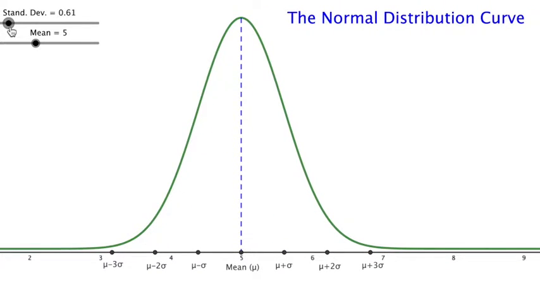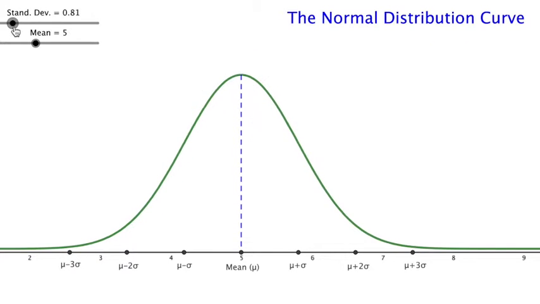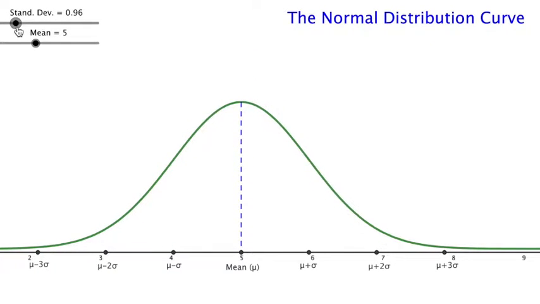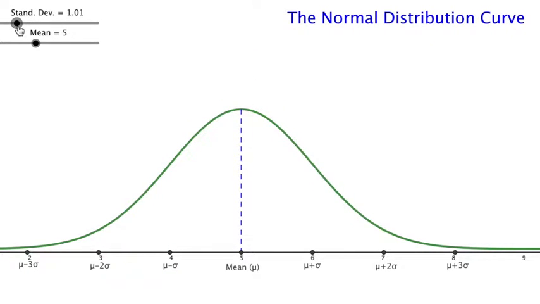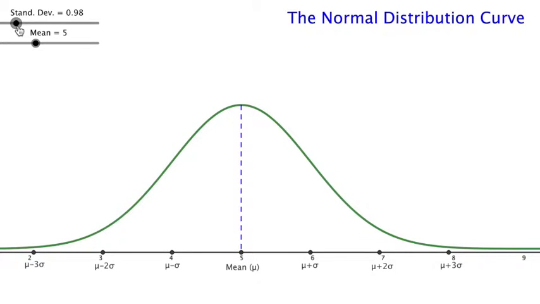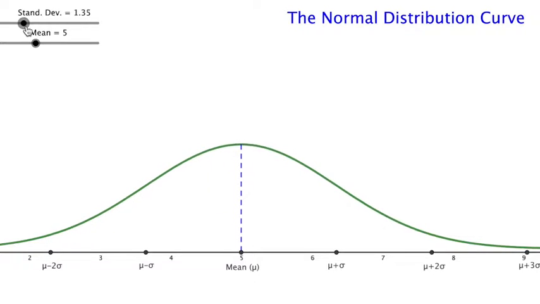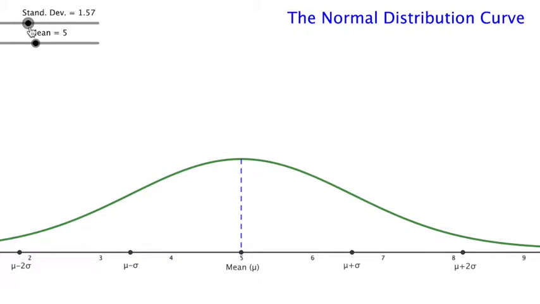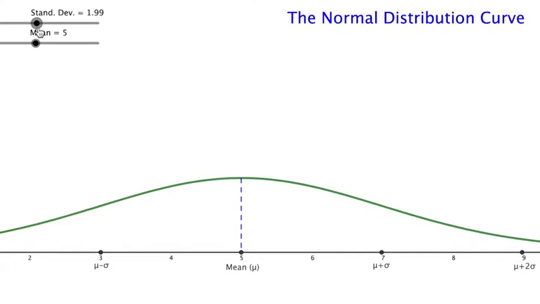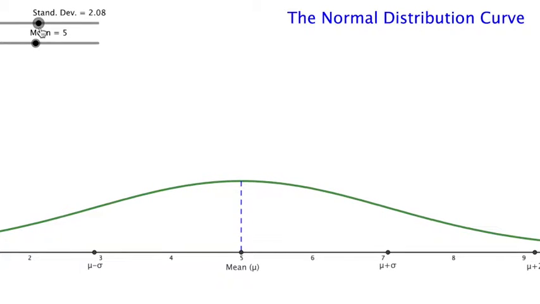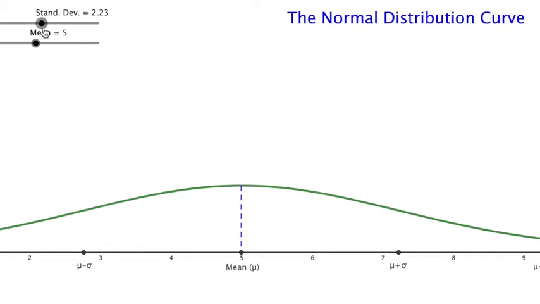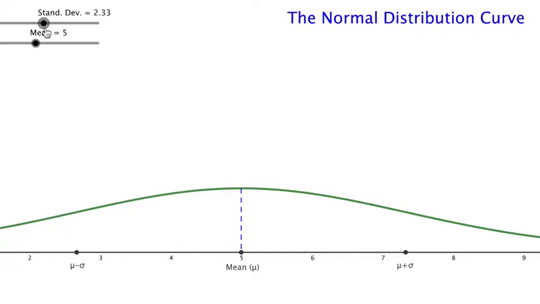Now let's go the other direction. Back to 1. There's 1. All right. Now if we go the other direction where the data is more spread out, more dispersed, then the curve has to come down to account for numbers being spread out more. And the standard deviation is pushing the distance away from my mean.